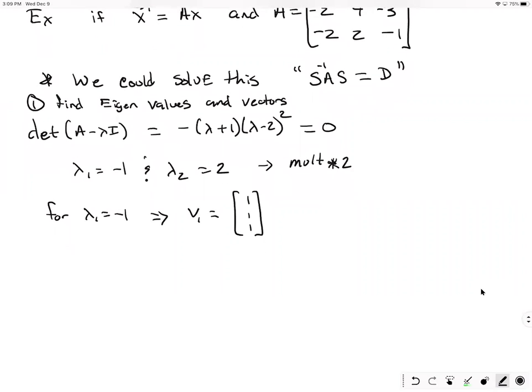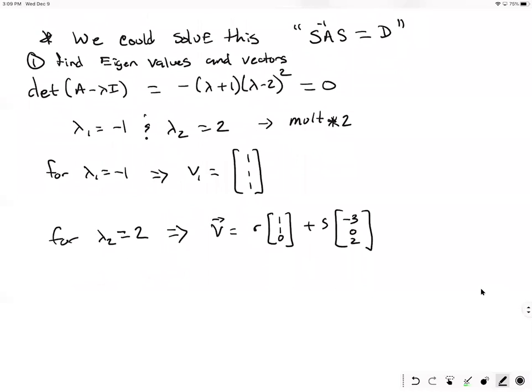And then for lambda 2, which is equal to 2, I plug that back into A minus lambda I, do the reduced row echelon. I got V equals R times 1, 1, 0 plus an S times minus 3, 0, 2.